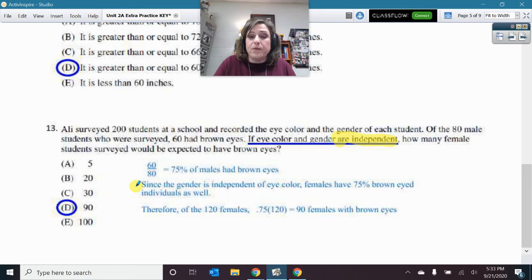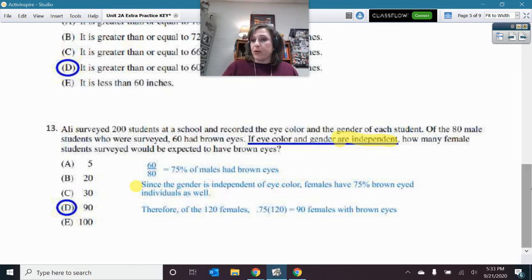They're not asking you. Since the gender is independent, the fact that you are one thing does not change the rate. So here, if 60 out of 80, which is 75%, have brown eyes for males, then it's not changing the rate for females. So I need to go with that same rate for females. So the females have 75% brown-eyed individuals as well.